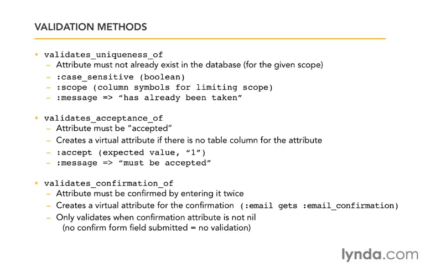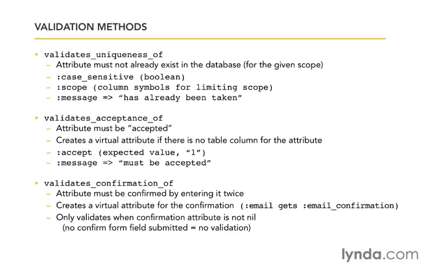It does the same kind of virtual attribute that validates acceptance of does. We don't need to save their email confirmation to the database, so instead it just creates a virtual attribute and makes sure that that matches the original attribute. So for example, if we had validates confirmation of email, the virtual attribute would be called email confirmation.